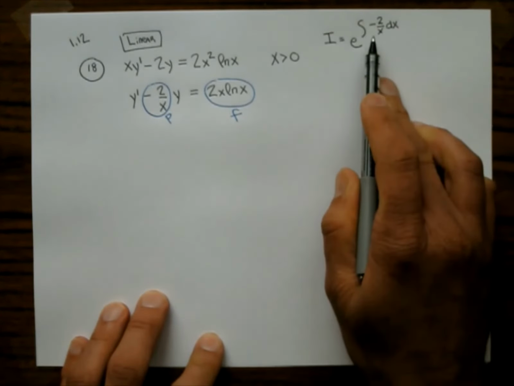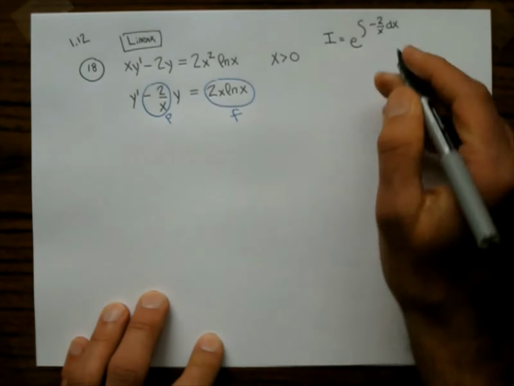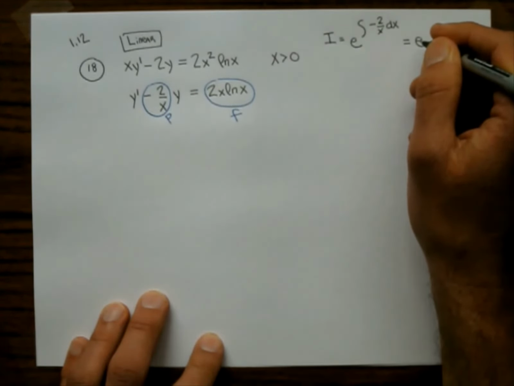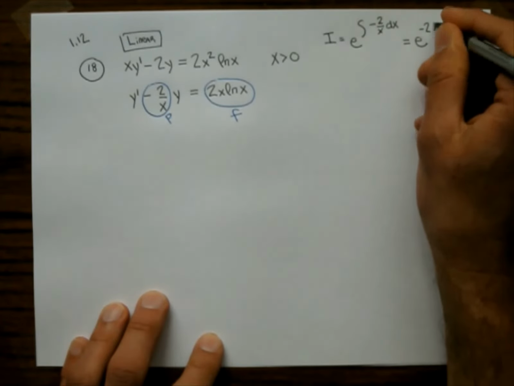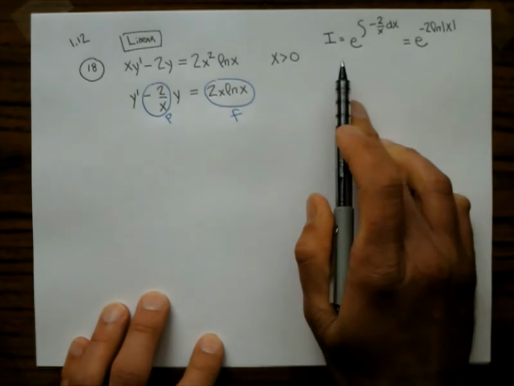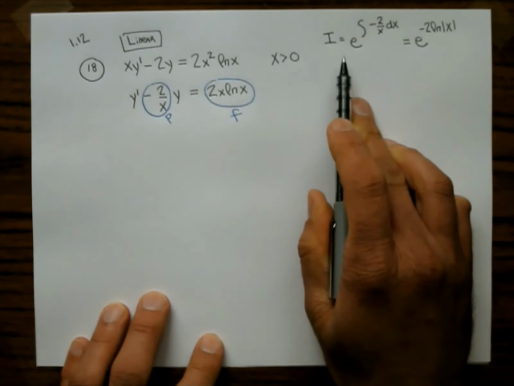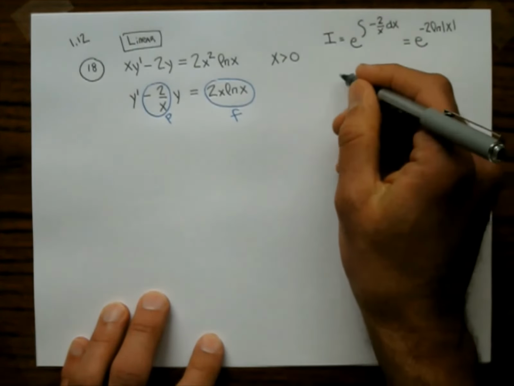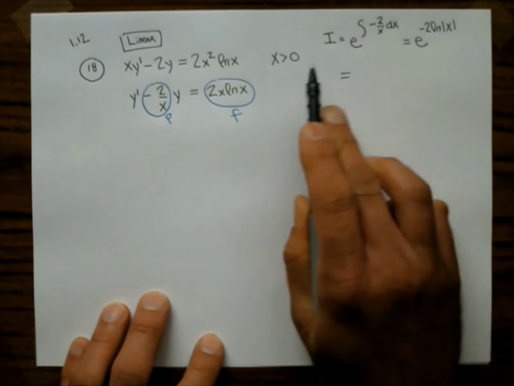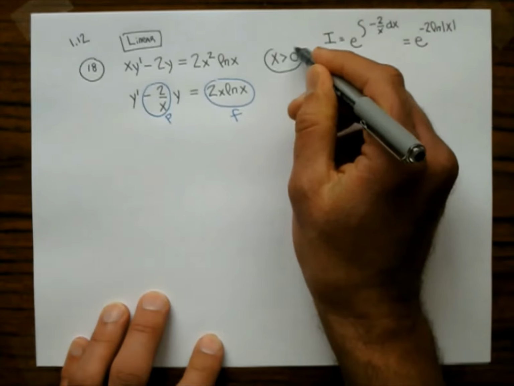Okay, so the integral of -2 times 1 over x is going to give e raised to the -2 ln absolute value x. With the integrating factor, we can take our c to be 0, and we saw that in lecture. I'm going to go ahead and take the absolute value off that x. We don't need it anymore because x is greater than 0.